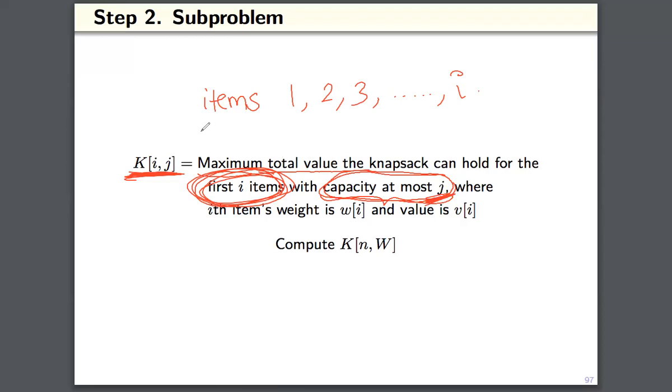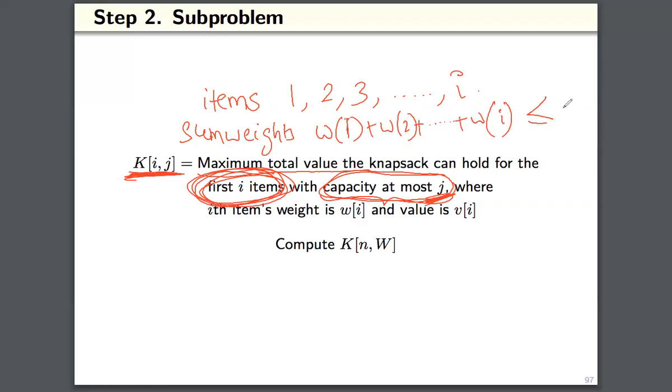So you can say that the sum of weights, W1 plus W2, W3, and so on up to Wi, should be less than or equal to j. That is the meaning of capacity at most j. Make sense? Okay.